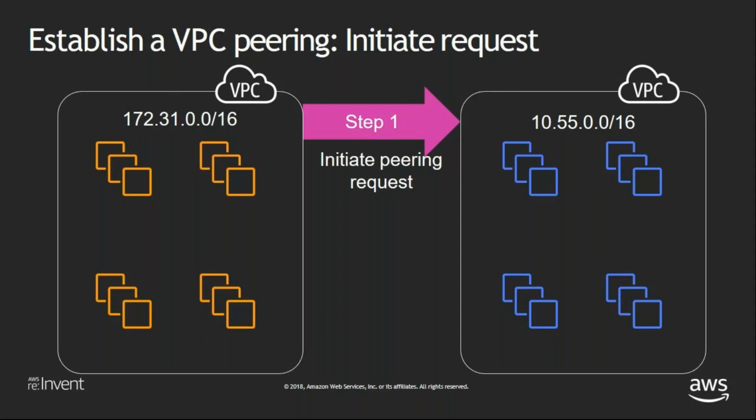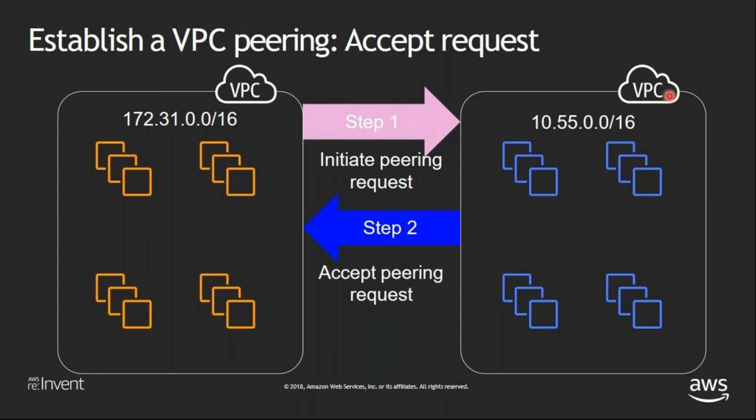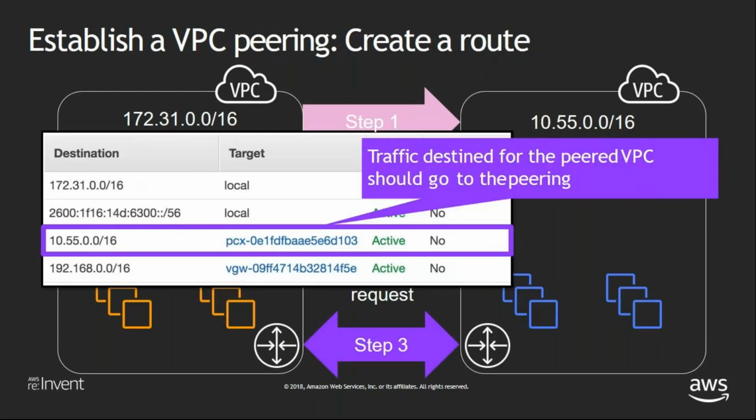When it goes to that network, that network will accept the request and send a request back to the first network. This is how it would look in your AWS account, that the traffic destined for the peer network should go to the peering connection. This is how the route will look.